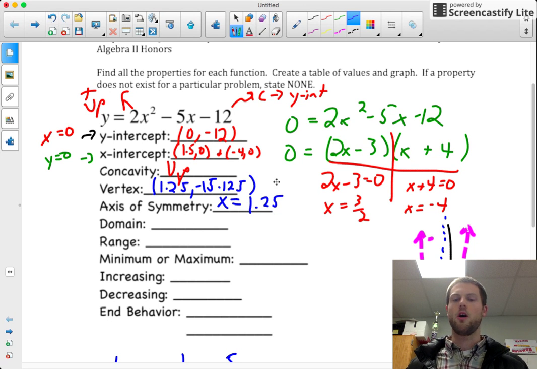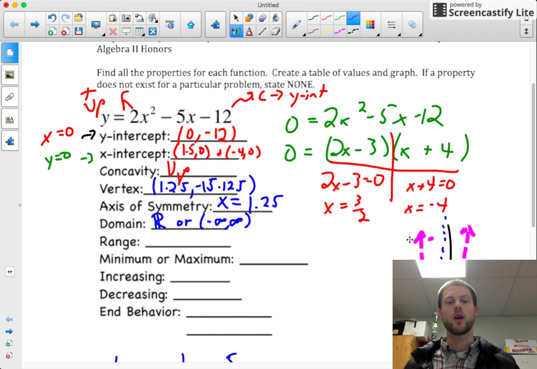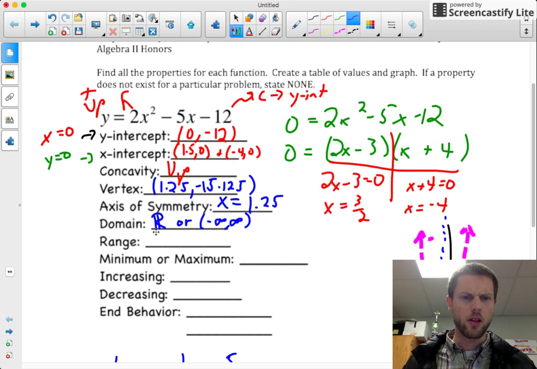My domain, all of these quadratics are going to have an all real numbers domain, or I can think of it as from negative infinity to infinity. As far as my range goes, my range is going to be all of my y values from this bottom here all the way up, going up forever. So it looks like my low point is that negative 15.125, and going all the way up to infinity.